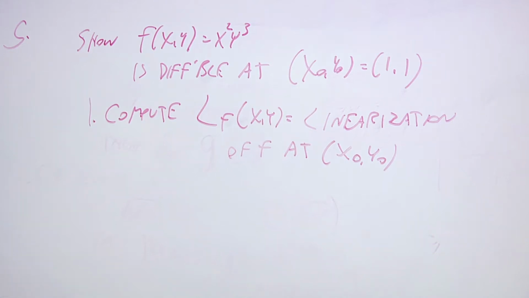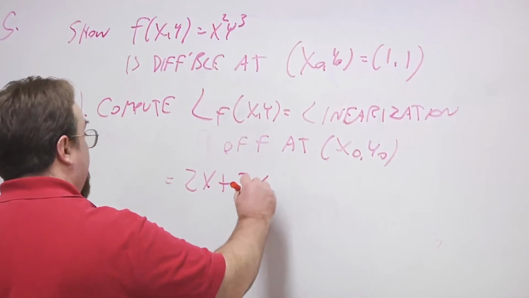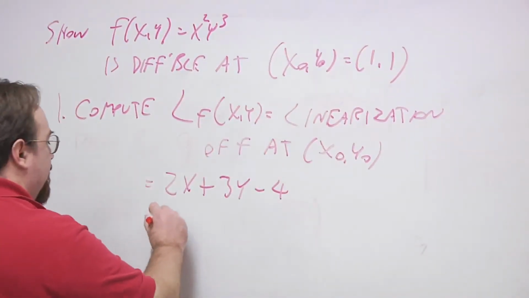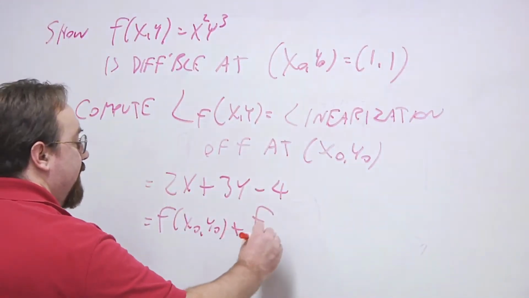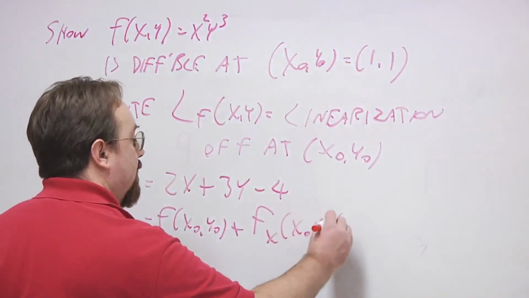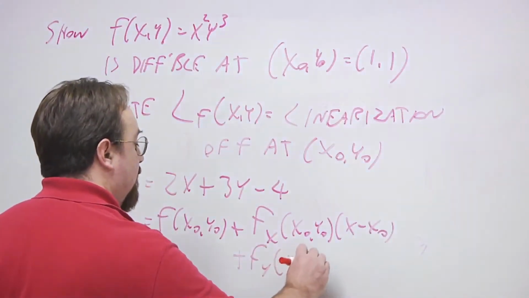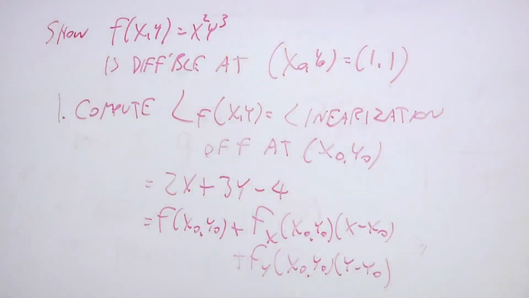In this context, I'll just tell you what it turns out to be. So it turns out to be 2x plus 3y minus 4. And you get this. This is f of x naught, y naught, plus the partial derivative at that point, x minus x naught, plus partial y at x naught, y naught, times y minus y naught. Gives you that.